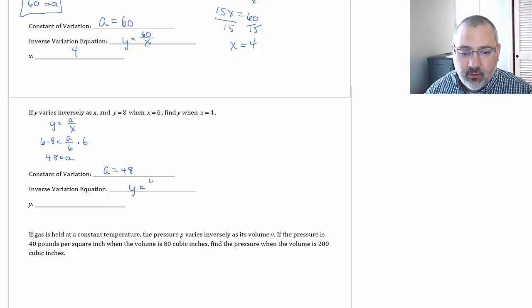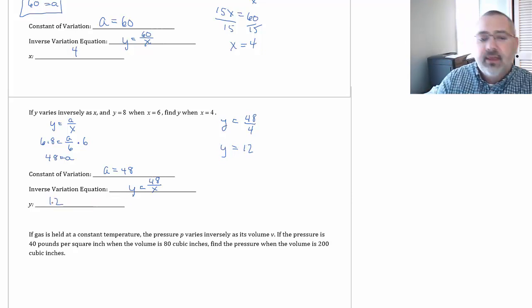Y equals 48 divided by x. And the final part is to find y when x is 4. So we take our equation and plug in 4 for x. So y equals 12.